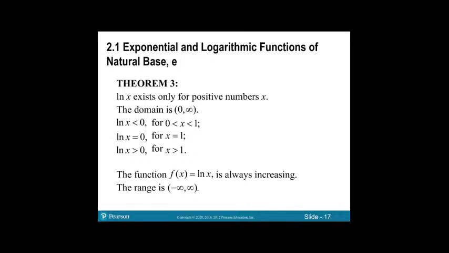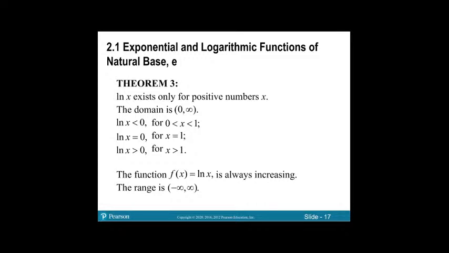That's the graph of natural log. So it's only defined for positive number x. Natural log of x is negative when x is between 0 and 1, is 0 when x is 1, and positive when x is strictly greater than 1. This function is always increasing and the range is all reals.